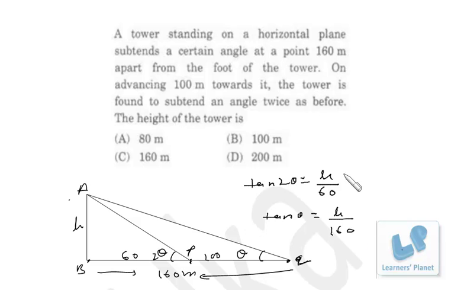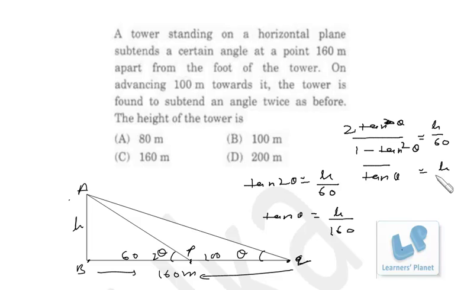Right? Now tan 2 theta is what? 2 tan theta upon 1 minus tan square theta, and that is h by 60, right? And if we divide this by this, 2 tan theta upon 1 minus tan square theta divided by tan theta is equal to h by 60 divided by h by 160.